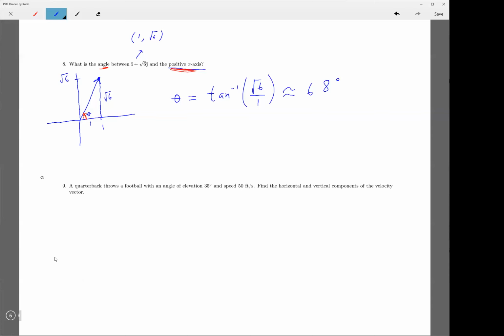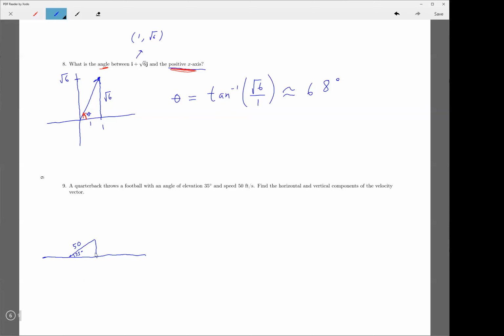Okay, so we know that, let's pretend that's the ground. And let's pretend that the quarterback is just lying on the ground and throws the ball like that, at an angle of 35 degrees. And this is 50. Okay. So if we have a triangle like that, what are each of these sides going to be?